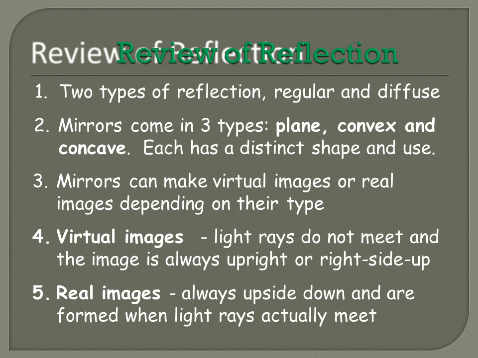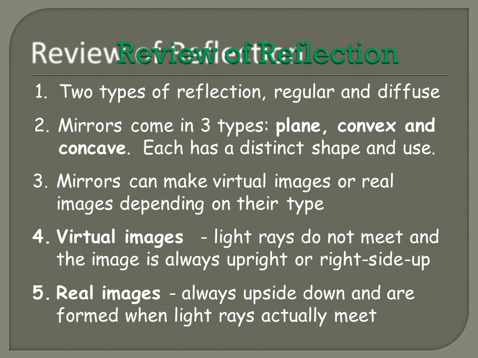Then mirrors can make a virtual image or a real image depending on the type. That means the image is either real or virtual. What do you mean by a virtual image? Light rays do not meet at the image, and it is always upright or right side up.